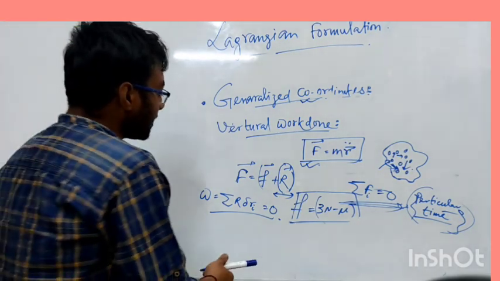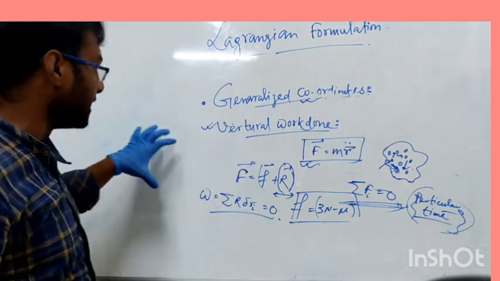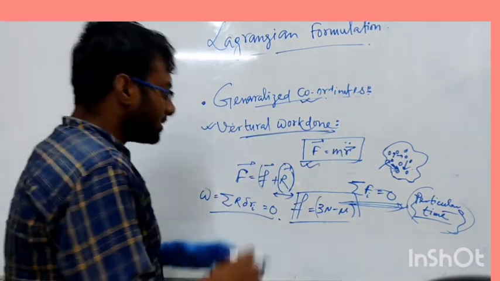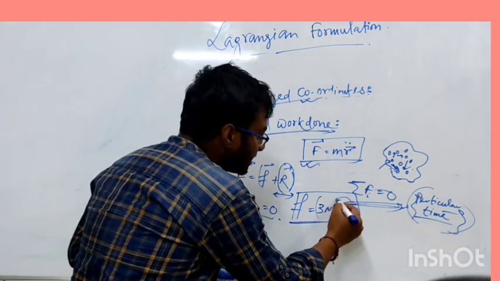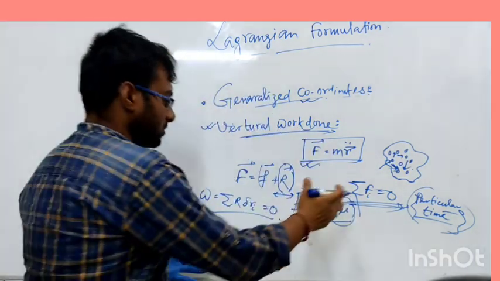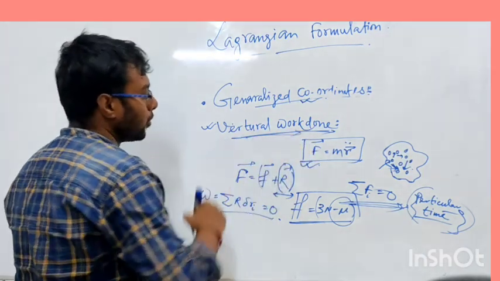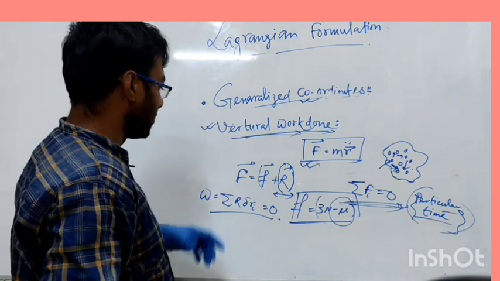So the work done due to this force will be 0. This phenomenon is called virtual work done. Why is virtual work done required? Just to remove the constraint forces, or that number of equations, we need this virtual force or virtual work done. That is the concept of virtual force or virtual work done.